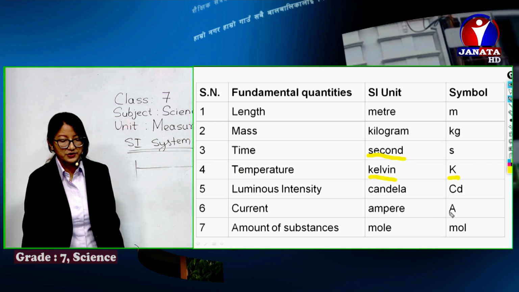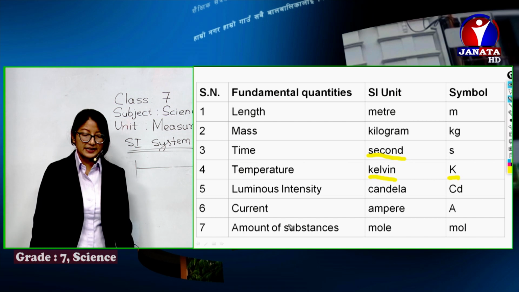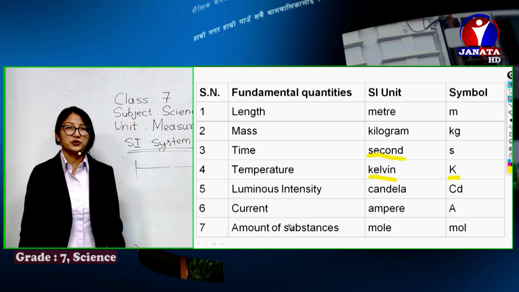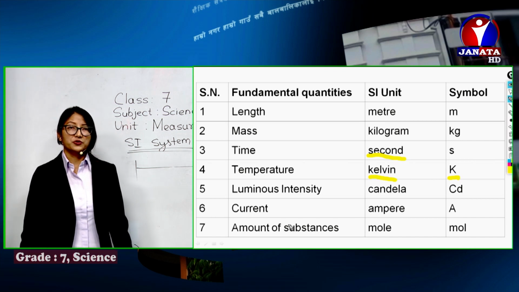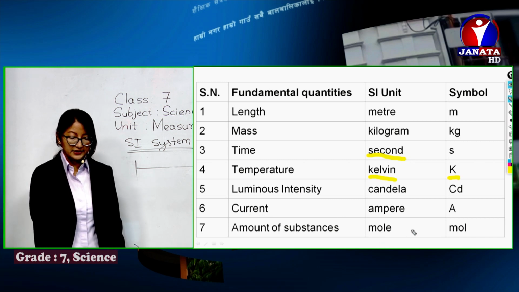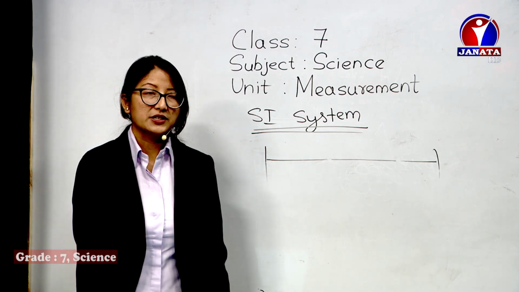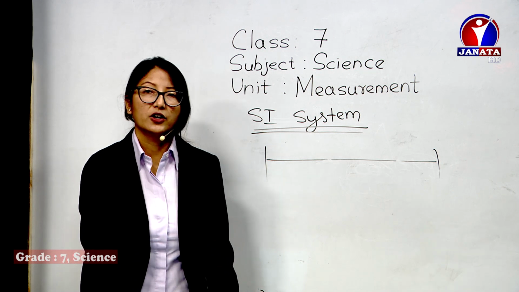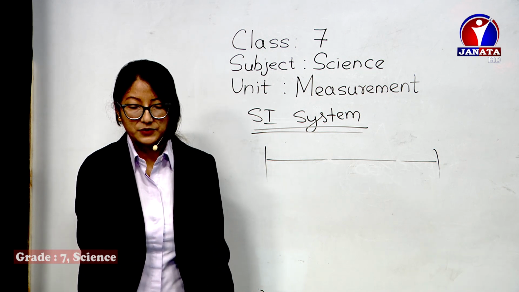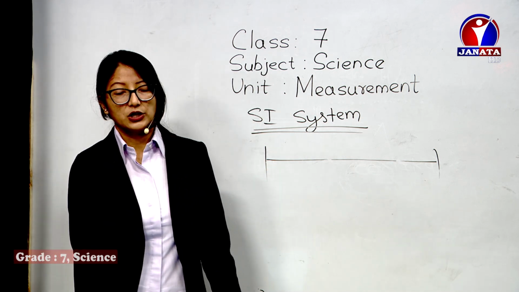And others, like the amount of substance. The amount of substance is measured in mole, its SI unit is mole and its symbol is mol only. So these are the different fundamental units of fundamental quantities. This is given by the SI system, the SI units.